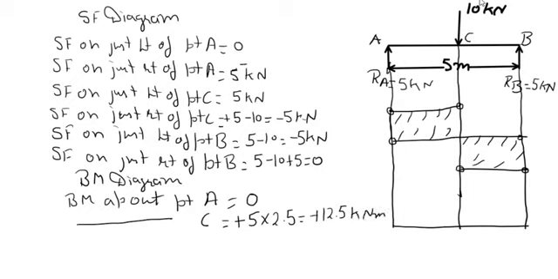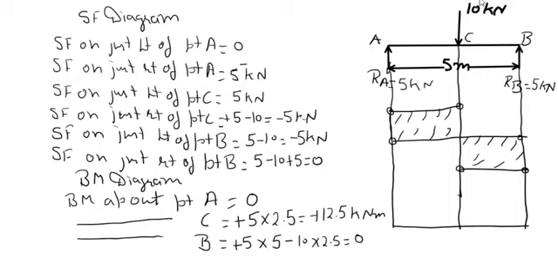Now the last point is point B. So point B, on the left side of point B there is RA. RA is 5 kilonewton at a distance of 5 meter. It tends to rotate the beam in clockwise direction, and 10 kilonewton is at a distance of 2.5 meter. It tends to rotate the beam in anti-clockwise direction, so the net effect becomes 0.